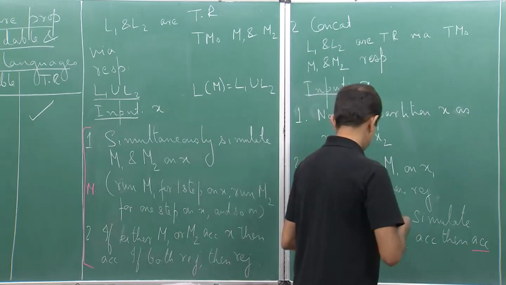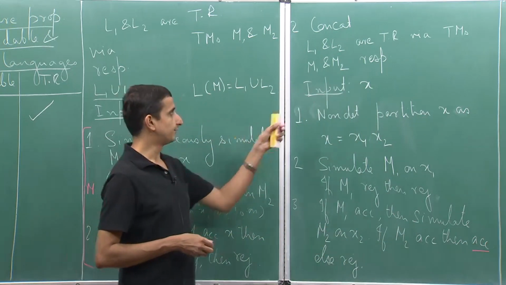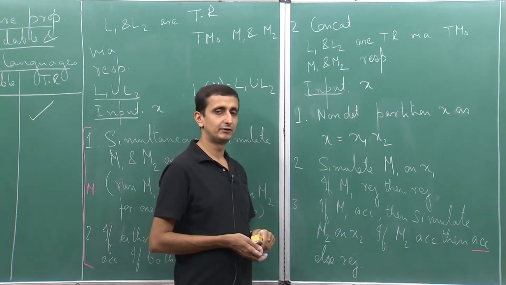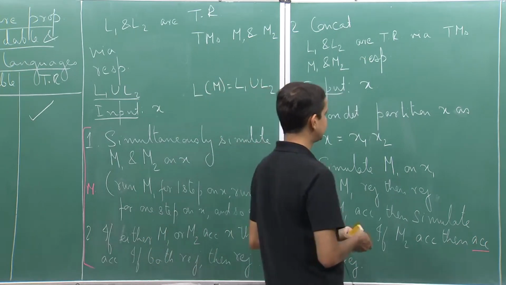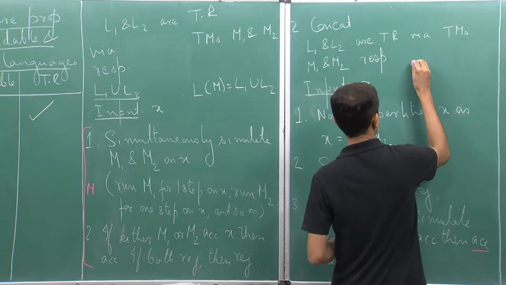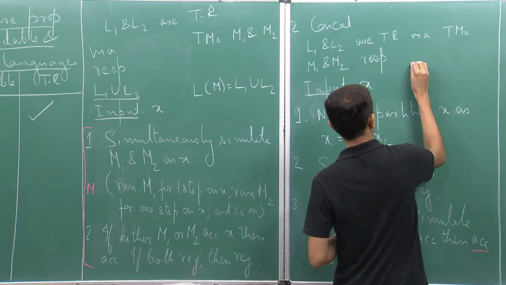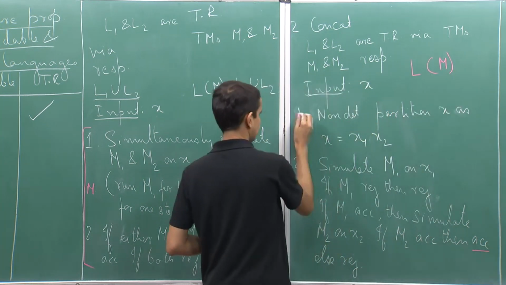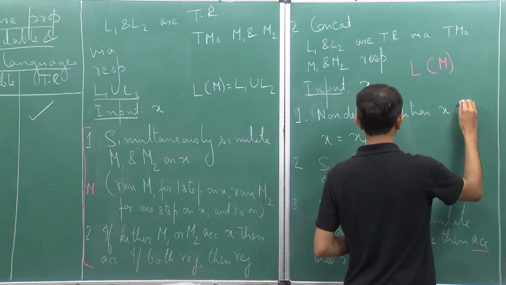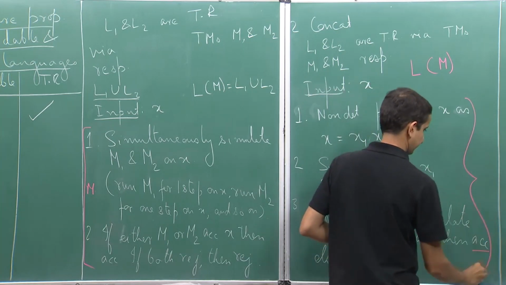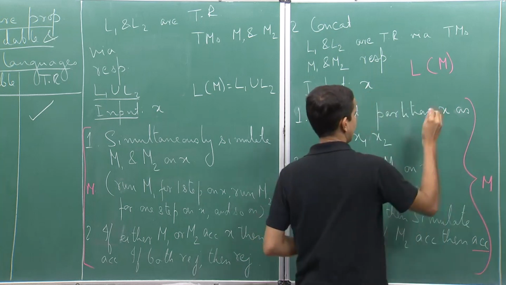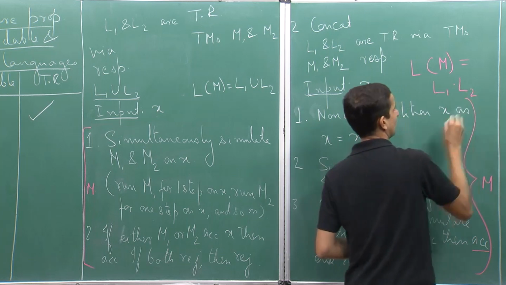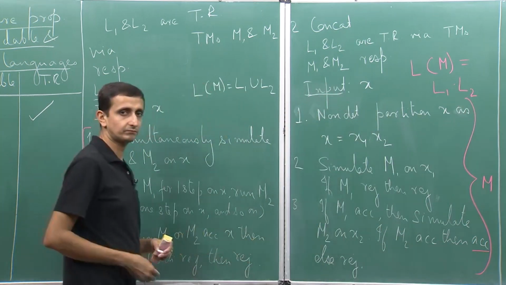And in a similar manner, you can show if L1 and L2 are decidable, then L1 concatenated with L2 is decidable. So, what this shows is that L of the machine M, where M is this machine that we have designed, L of M is equal to L1 concatenated with L2.